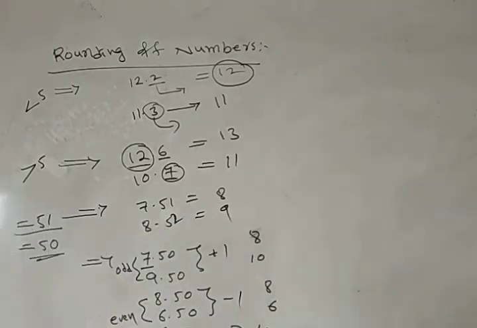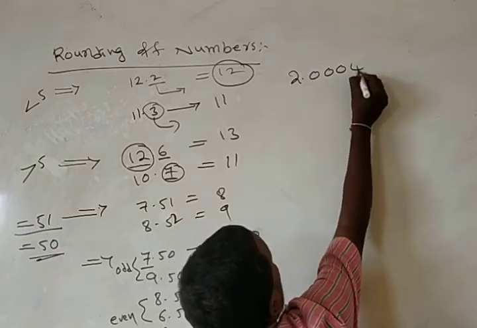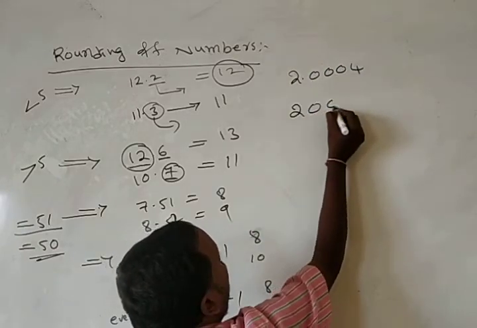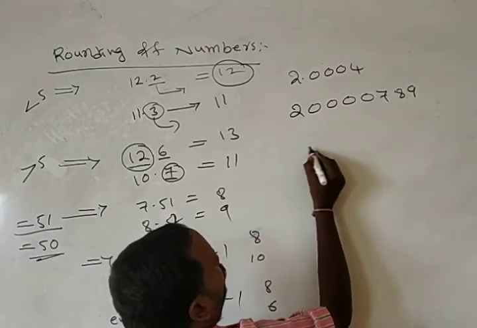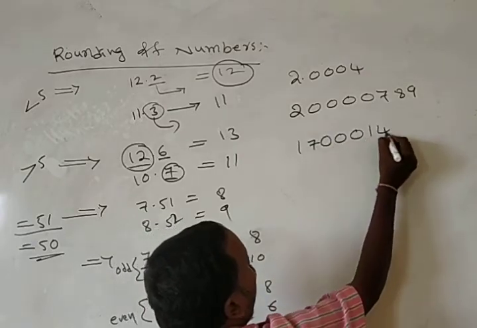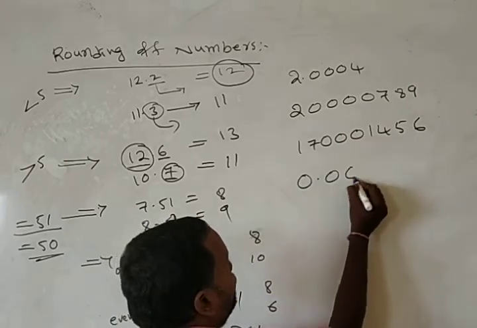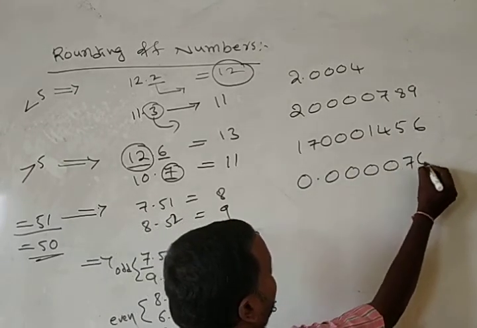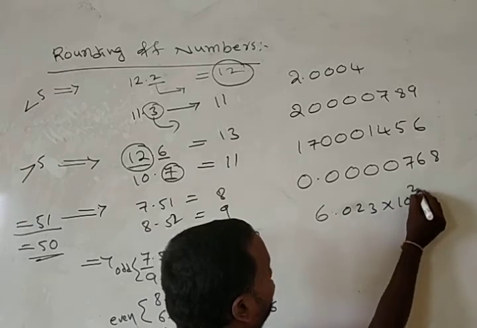So one more question: how many significant figures are present in that particular one? 2.004. 2789. 17001456. 0.000768. 6.023 into 10 to the power of 23.